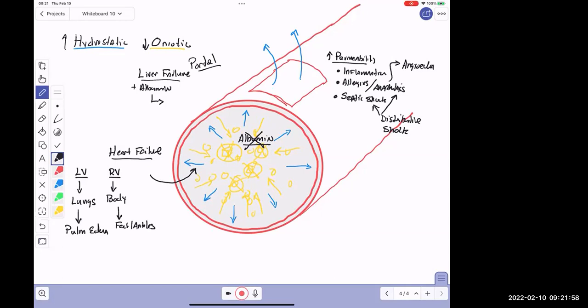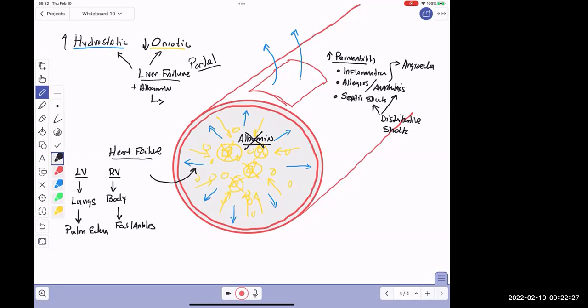Can anyone? If it's backing up into the portal vein? Say that again? If it's backing up into the portal vein, is that the question? Yeah, so you have liver failure. So you have an increase in hydrostatic pressure in the portal circulation and a decrease in oncotic pressure due to a loss of albumin, because the liver can't make albumin anymore.